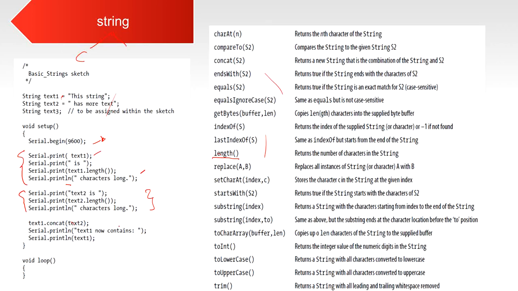And then the final part, which is text1 dot concat. If you look at this function concat, it returns a new string that is a combination of the string and s2. So this is the merging between these two texts. Text1 is this string, and the concat will merge it with text2.